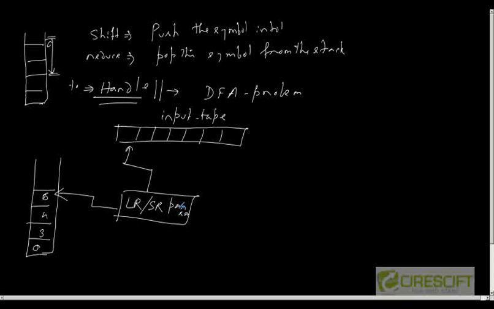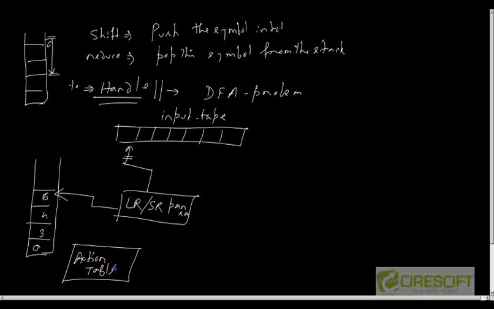Now based on the current state, which is the top of the stack, and the current tape head, which points to the current input symbol I am scanning, I make a certain decision or action, and that action is provided by a table called the action table.